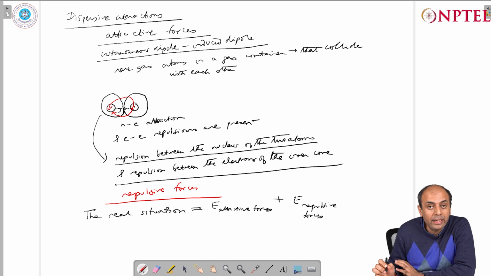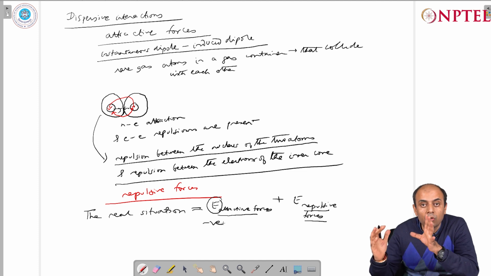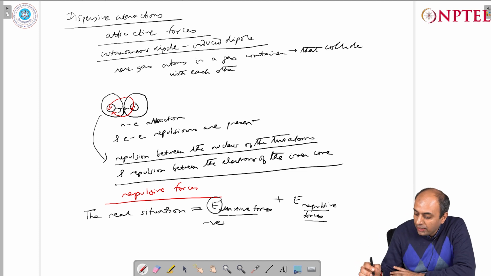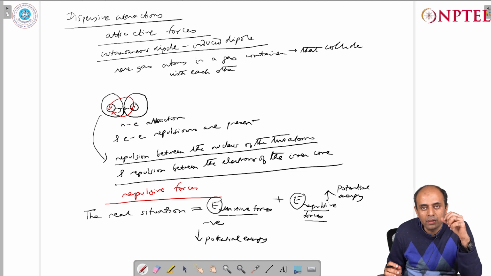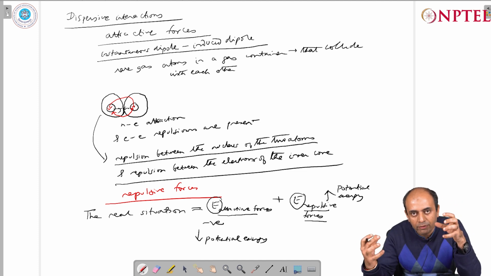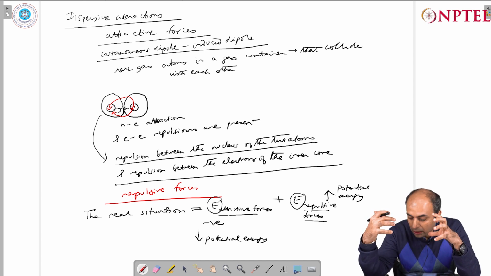So we need to keep in mind here important things. Forces are attractive or repulsive, and subsequently the energetic stabilization is negative, that means it lowers the potential energy of the system, and repulsive means it raises the potential energy of the system. So now you have the potential energy which is lowered when you have attractive forces, and you have potential energy which is raised when you have repulsive forces.